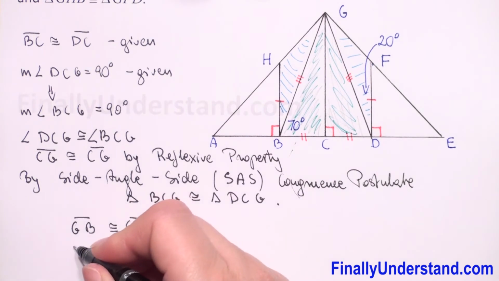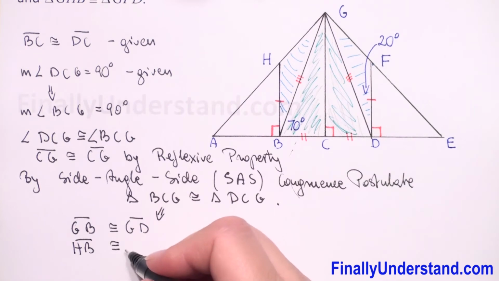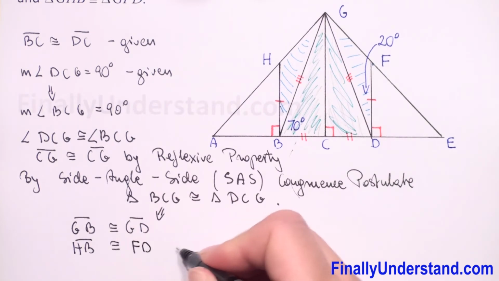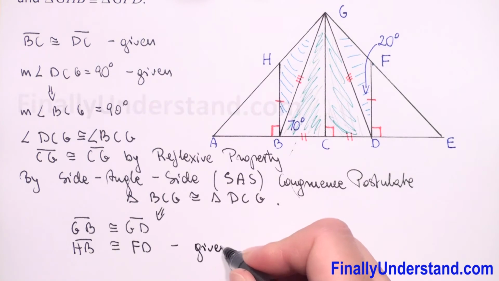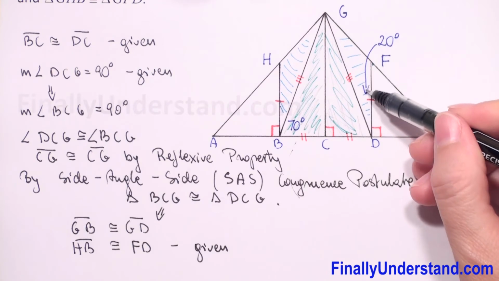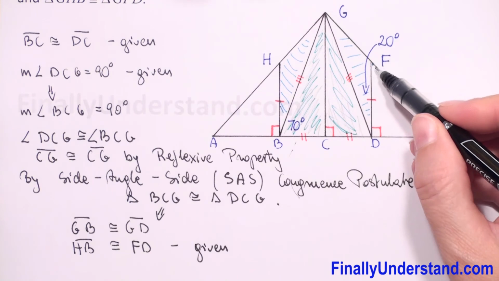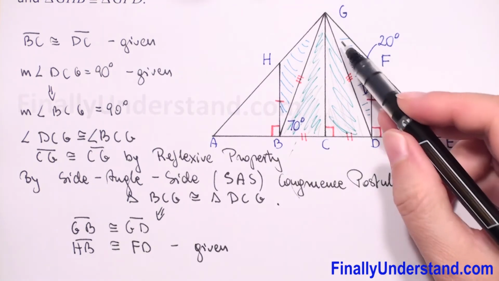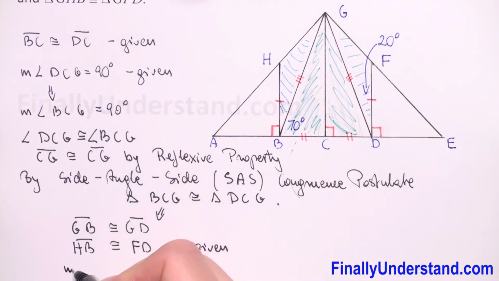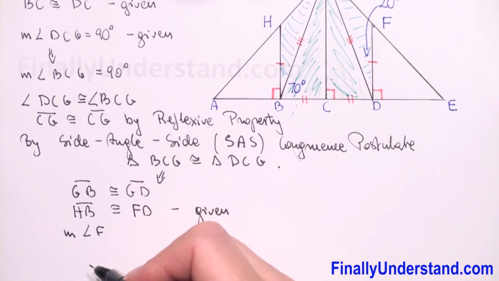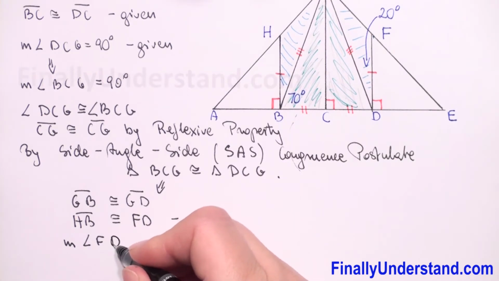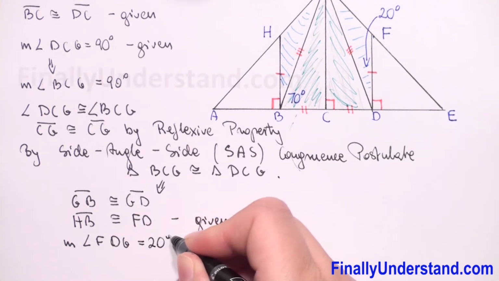So we have that HB is congruent to FD. This is given. And what else do we have here? We have that this angle has 20 degrees. Angle FDG. We can write that the measure of angle FDG is 20 degrees. This is given.